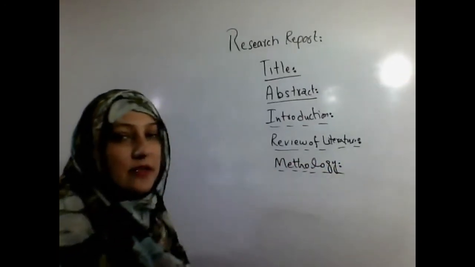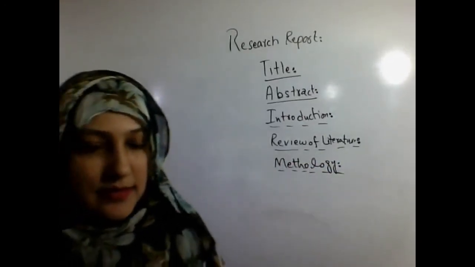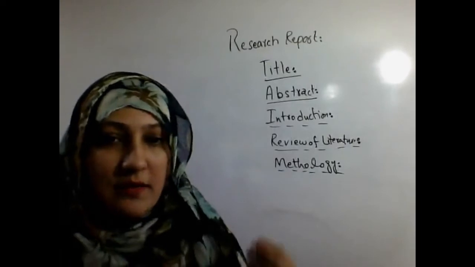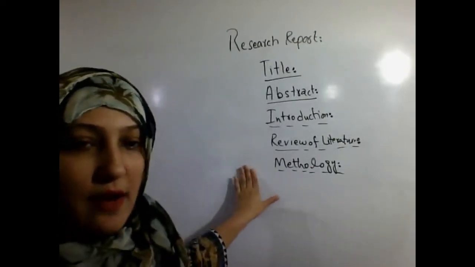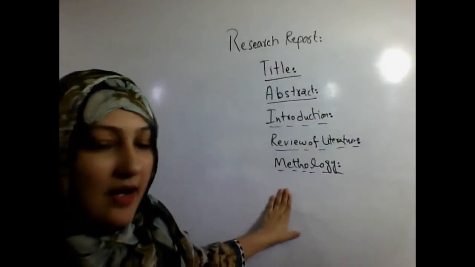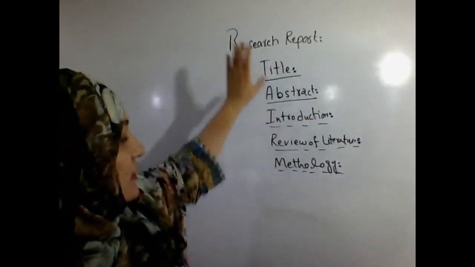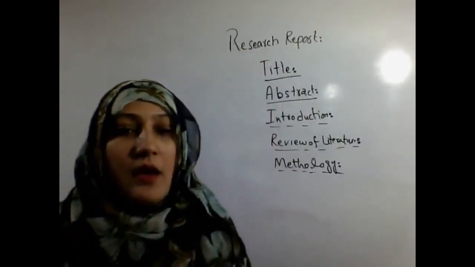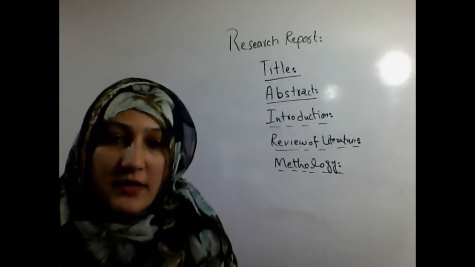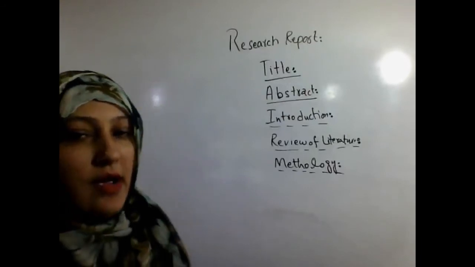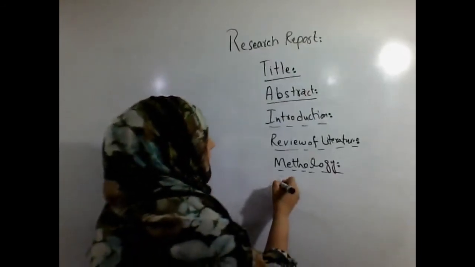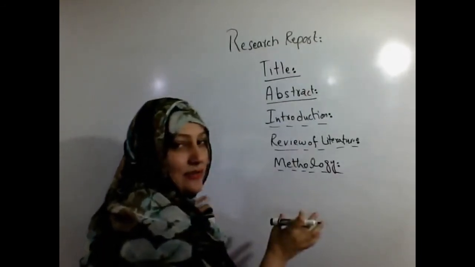In this section, you have to give the methods and materials which you have used for your research. For example, if you have studied the different antioxidants in your sample, you have to give the methods of each antioxidant separately.